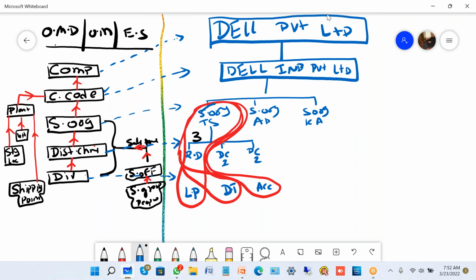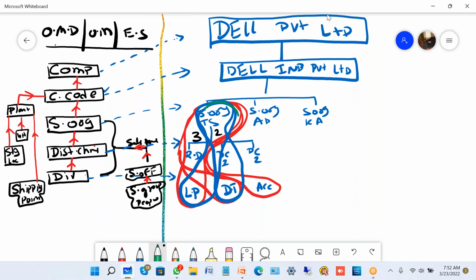But in the sales organization at the state Telangana, at DC2, he's only selling desktops. He's only authorized for laptops. So here we got only 2 sales areas.